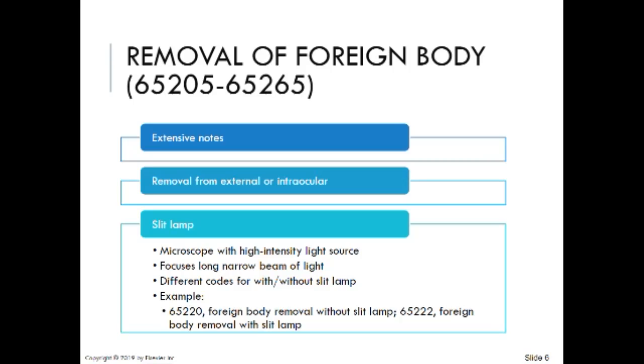A slit lamp is a microscope with a high intensity light source that focuses a long, narrow beam of light. There are different codes for with or without slit lamp. For example, 65220, foreign body removal without slit lamp. Then 65222, foreign body removal with the slit lamp. You guys have been coding long enough to know that you need to look for with or without.